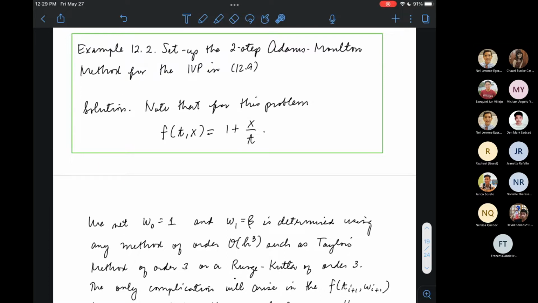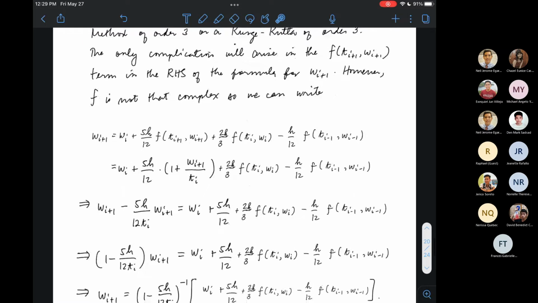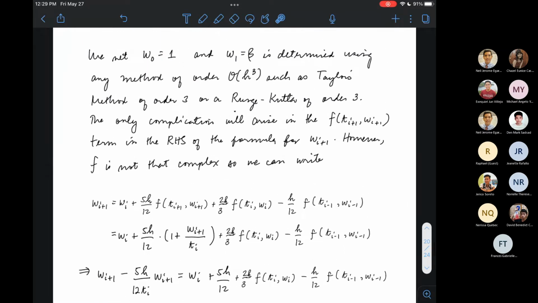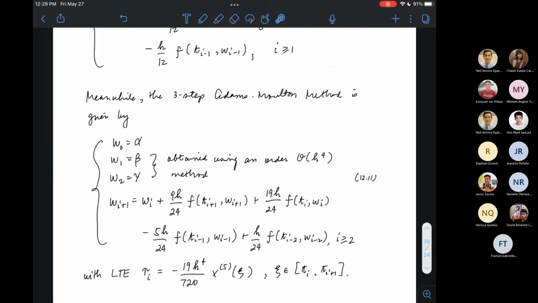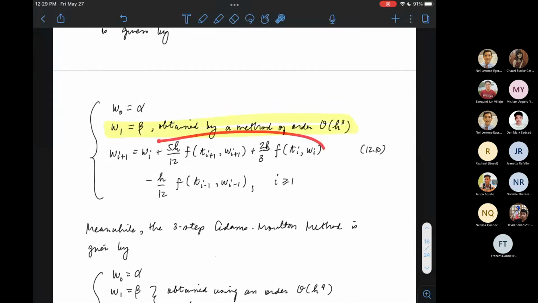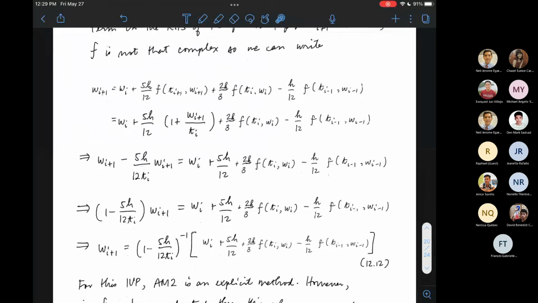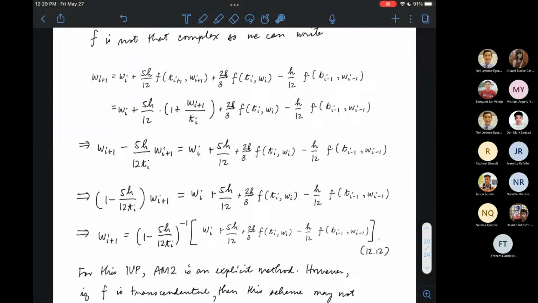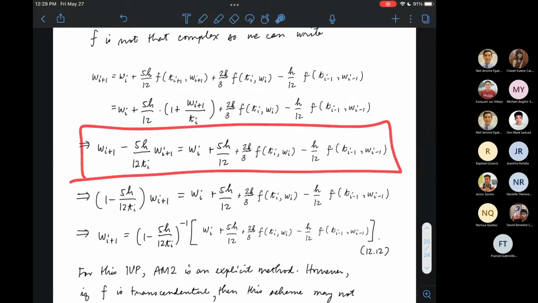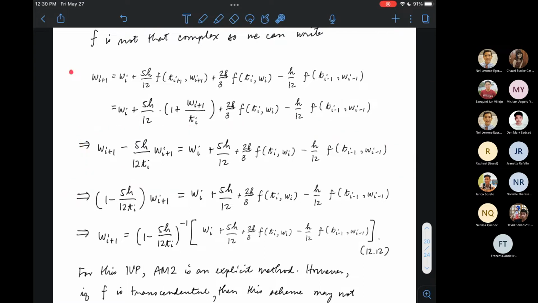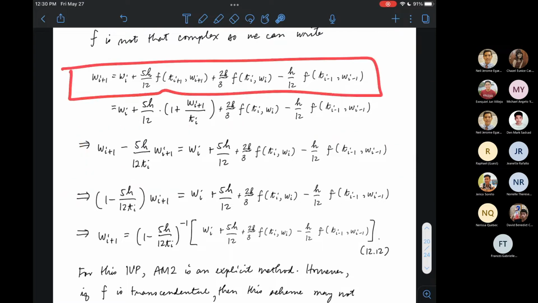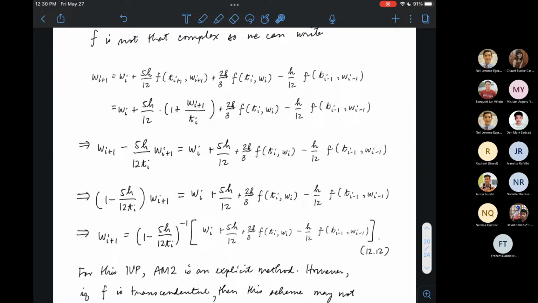Pero paano natin siya isosolve? Now, I will use equation 12.10. 12.10 nga ba yun? Yes, ito, 12.10. Pa-plug in ko lang si f to be 1 plus w over t. Okay? Kasi ito yung magiging itsura ng equation. So, ito yung formulation niya para kay W sub i. Tapos lahat ng function f, papalitan ko na ng 1 plus w over t.